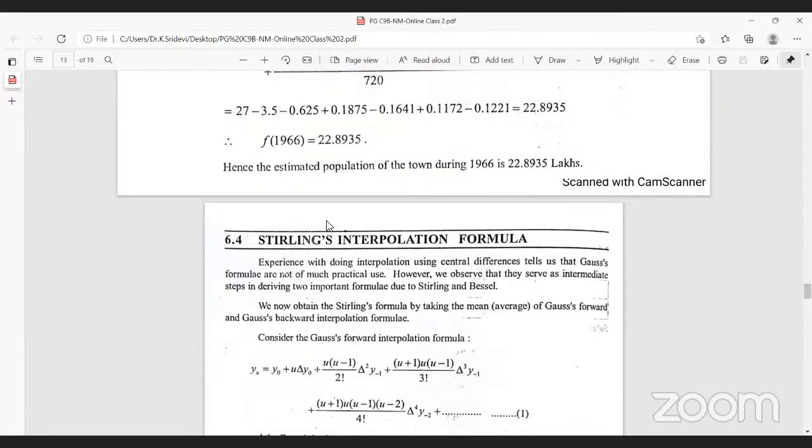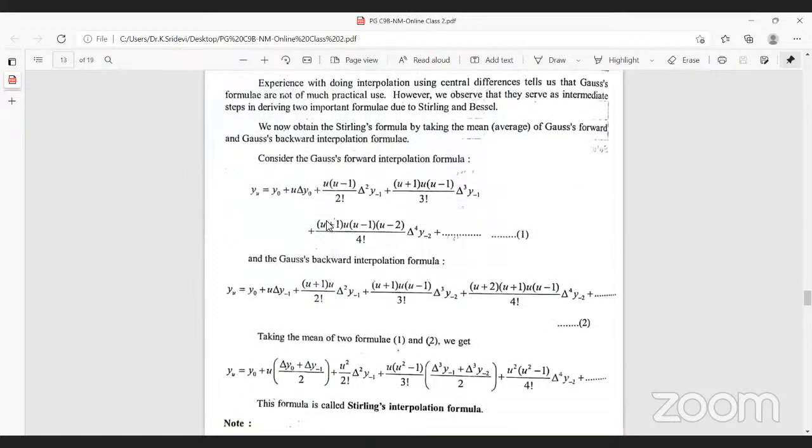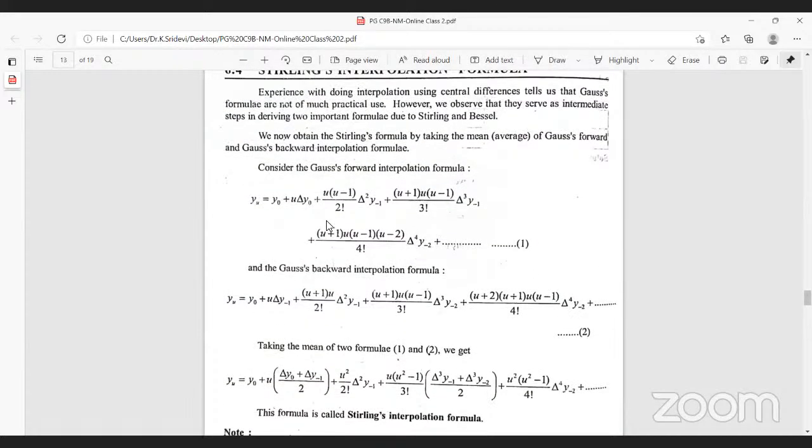In the same concept, we take another formula, that is Stirling's formula. This formula is also useful for finding the functional value at any value of x which is near the middle of the table. What is the purpose of this formula?